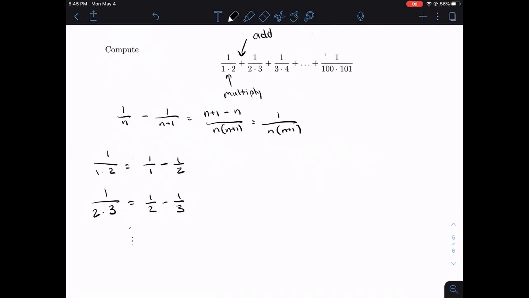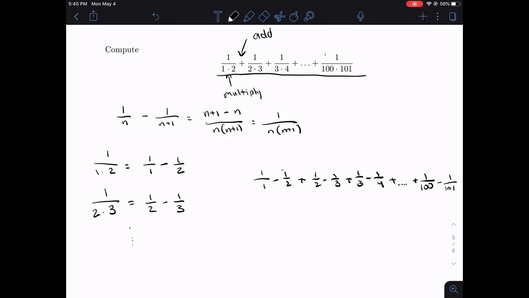And let's try replacing this in the original expression here. So this is 1 over 1 minus 1 over 2 plus 1 over 2 minus 1 over 3 plus 1 over 3 minus 1 over 4, and so on to the final term.